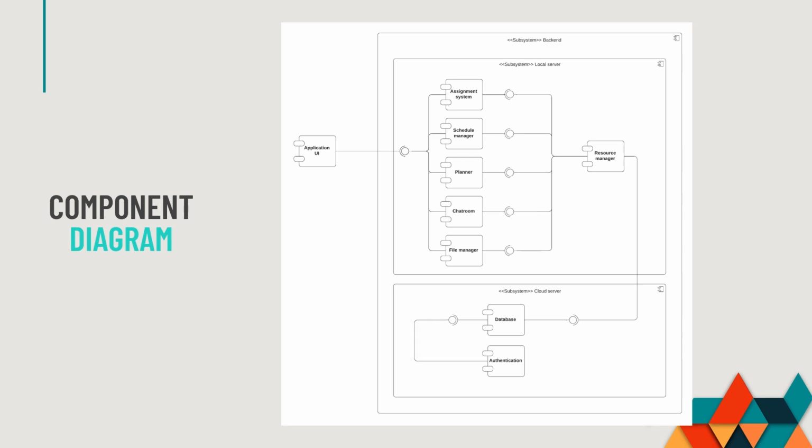In the local server, we provide interfaces, which are the assignment, schedule manager, planner, chat room, and file manager. Then it connects to the database through the resource manager as a node. Lastly, the login and register system, or authentication component, must connect to the database component to authenticate the user.